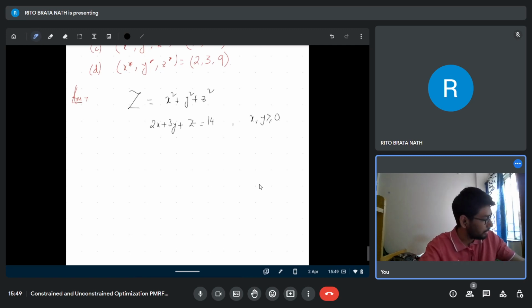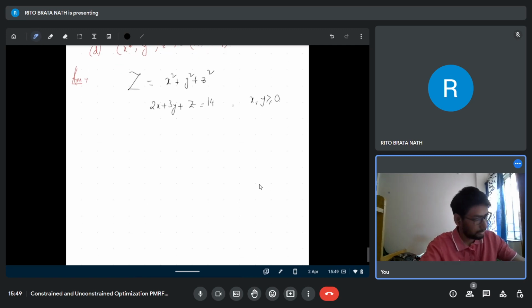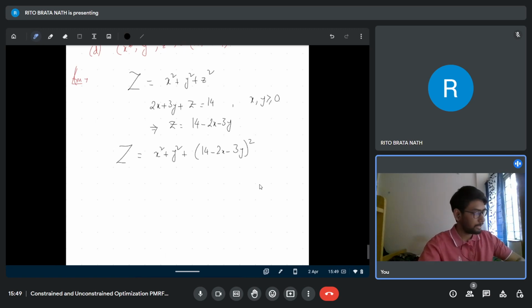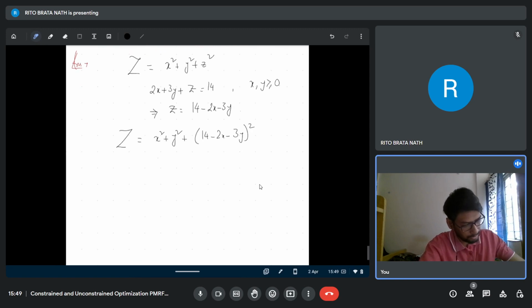So you can take z equals 14 minus 2x minus 3y. So your capital Z becomes x squared plus y squared plus (14 minus 2x minus 3y) whole square. And you can take the gradient, and your constraints are x, y are greater than or equal to 0.